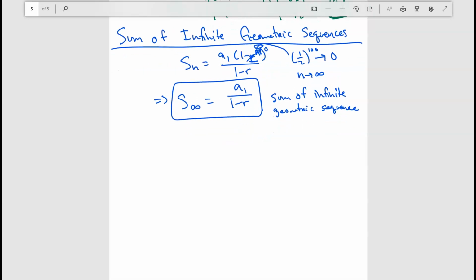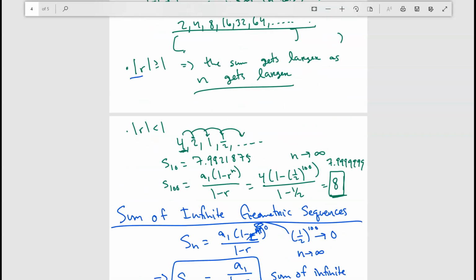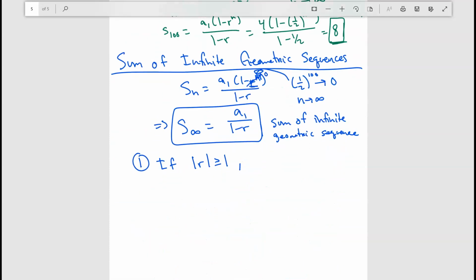I will just tell you that there are two cases. If r is greater than or equal to 1, which is what we had over here, the sum gets larger as n gets larger. We say that the sum diverges.